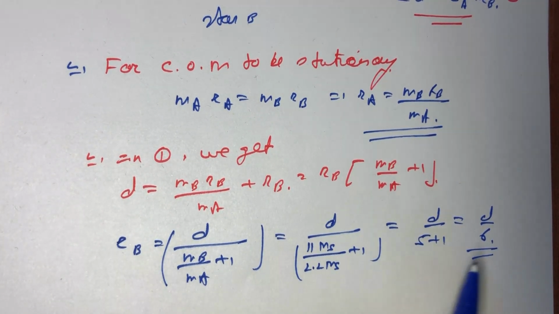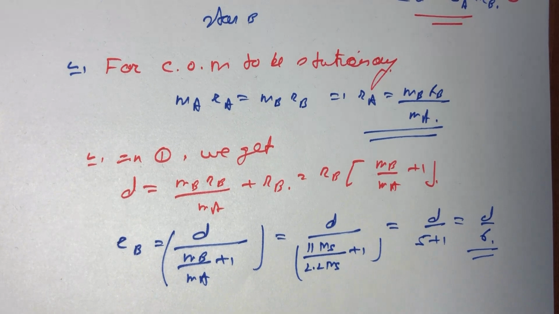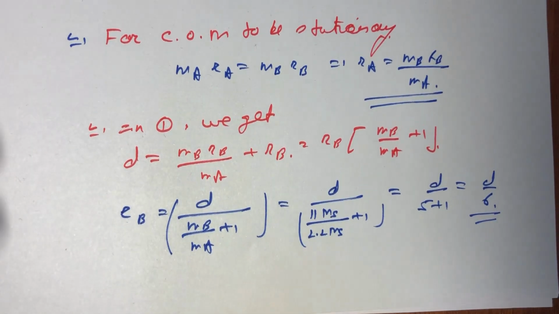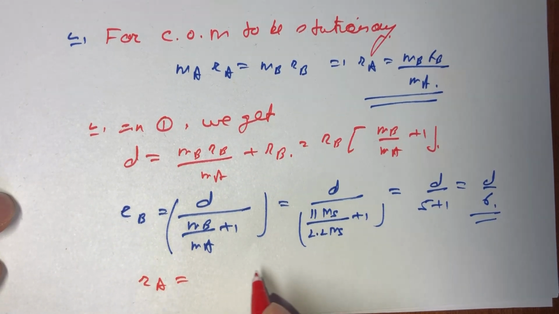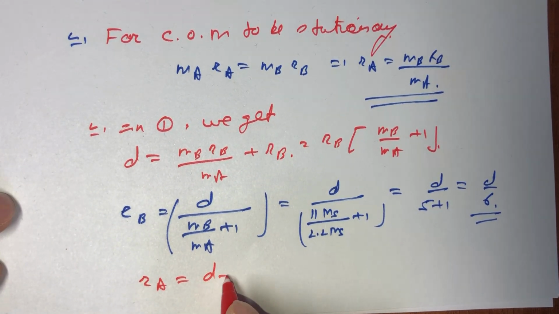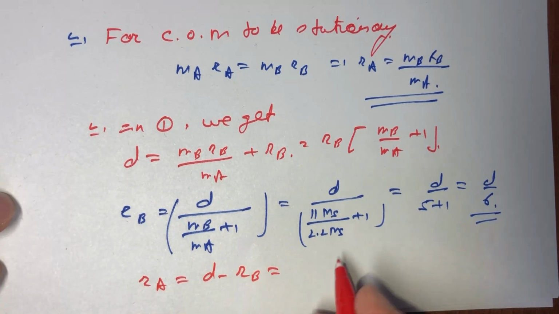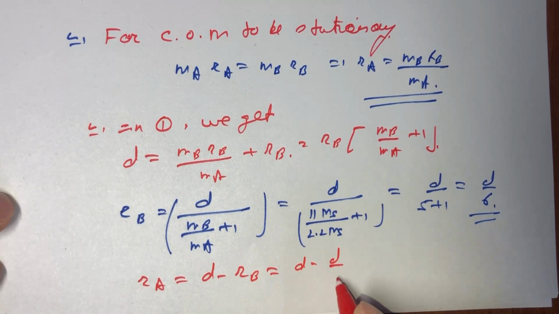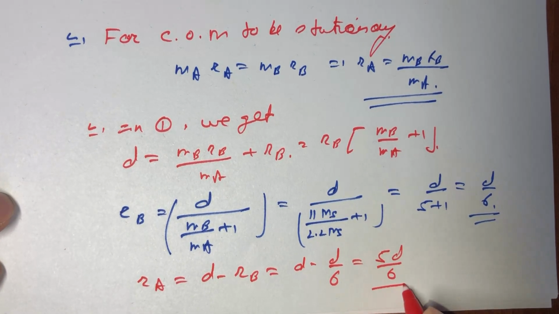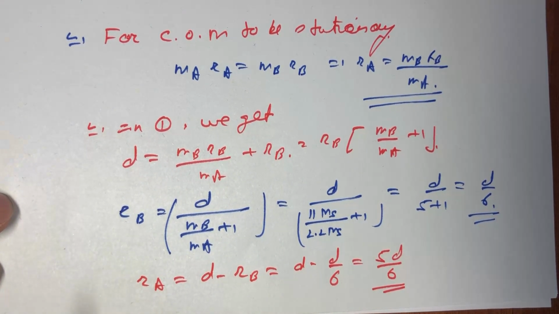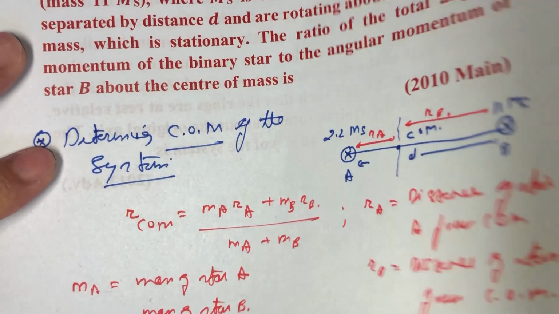So we get RB is equal to D upon 6. Now we can find out RA. So RA will be equal to D minus RB, which is equal to D minus D by 6, and comes out 5D upon 6. So we found out RA as well as RB.